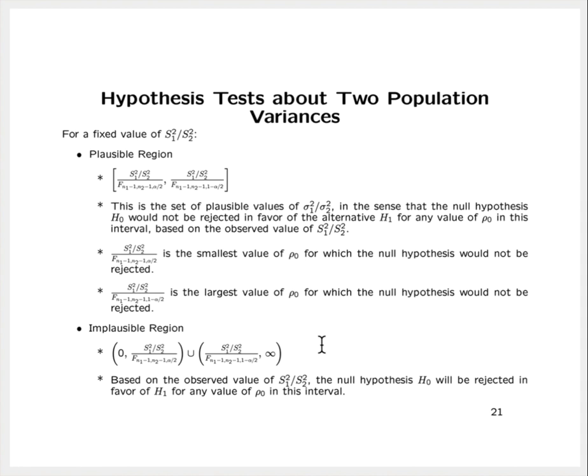The complement of that set is the implausible region, and we know that the null hypothesis would be rejected in favor of the alternative for any value of rho sub 0 in that interval.